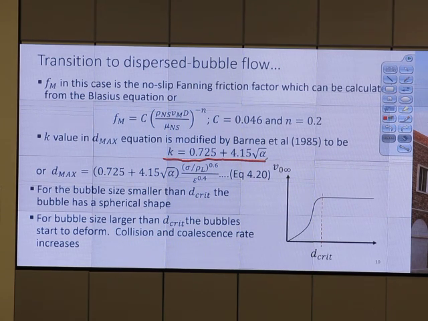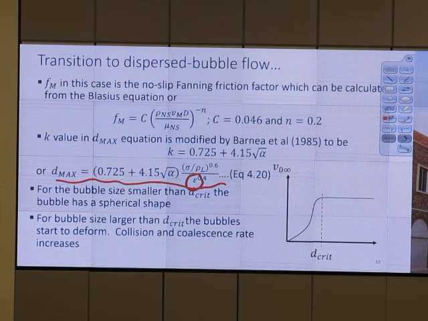Alpha is the void fraction. So we have D max equal to some expression. This is equation 4.20. You see this epsilon. When we have epsilon here, it's not quite the final form yet.